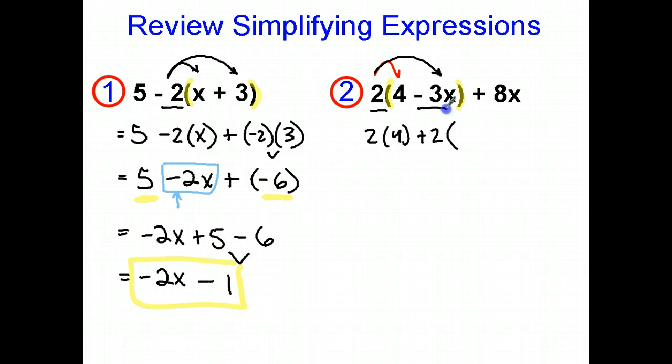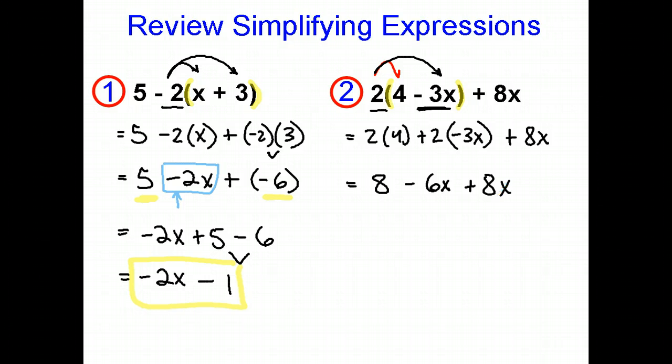And what's really important again is that that negative sign belongs to the 3x, so it would be negative 3x plus 8x. So we have our equal sign, and remember the equal sign just says, okay, on to the next step. So on to the next step, we are going to multiply everything out in the order of operations. So 2 times 4, and positive 2 times negative 3x would be negative 6x plus 8x.